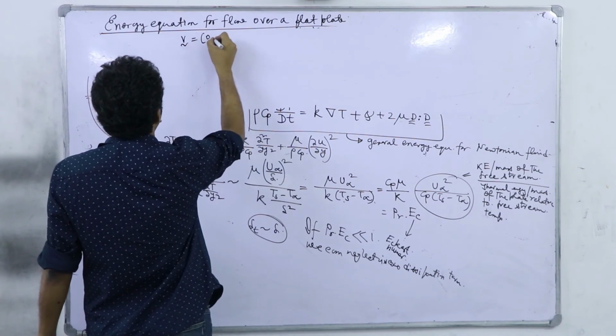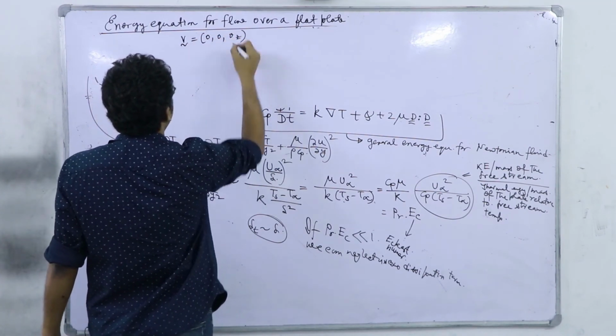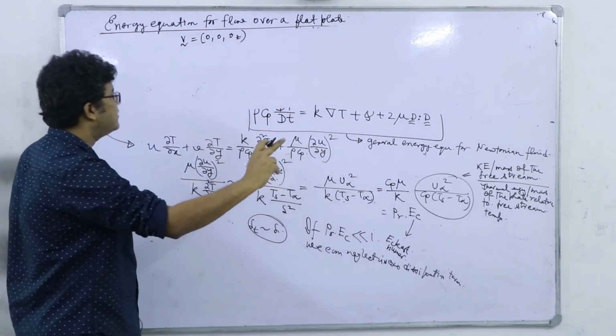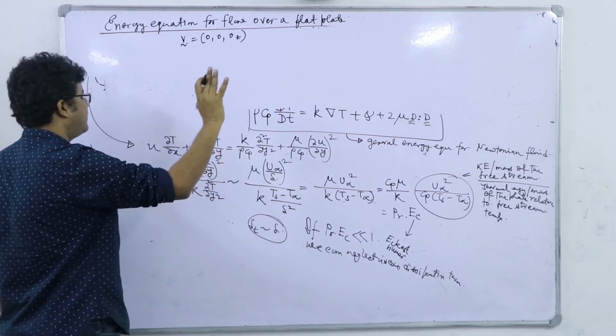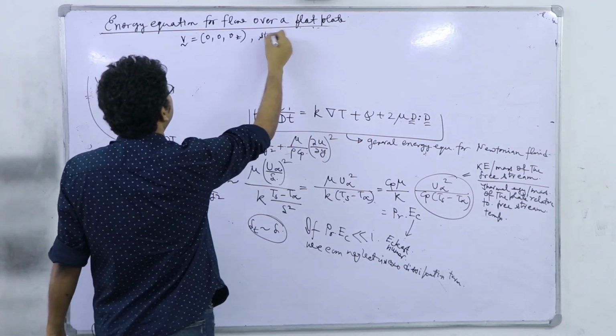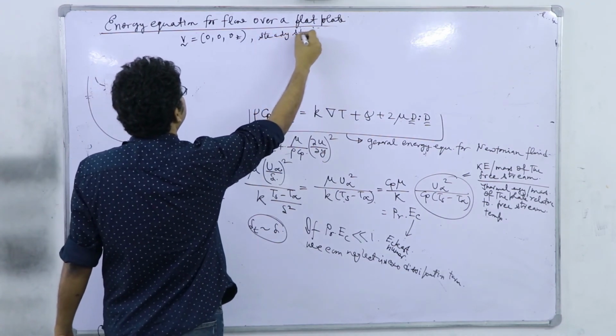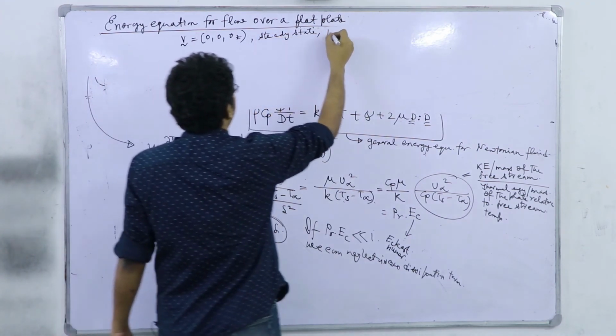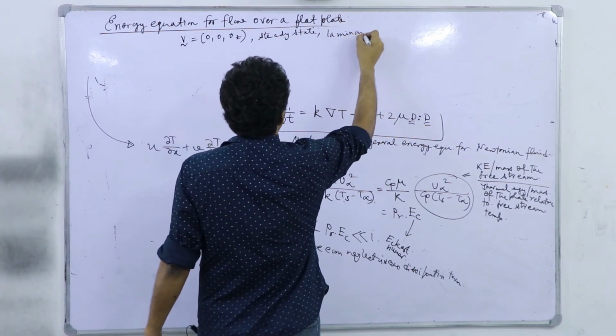V here will be 0, 0, Vz, only z directional flow in a pipe, right. And steady state, laminar, fully developed flow.